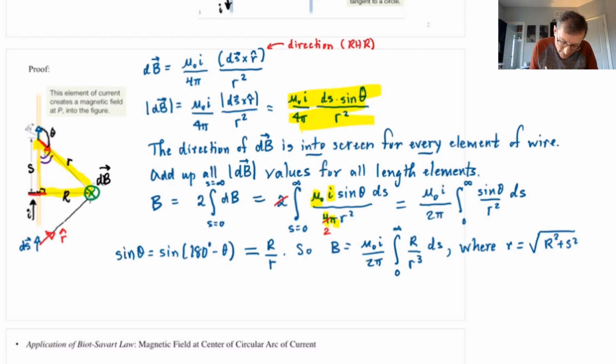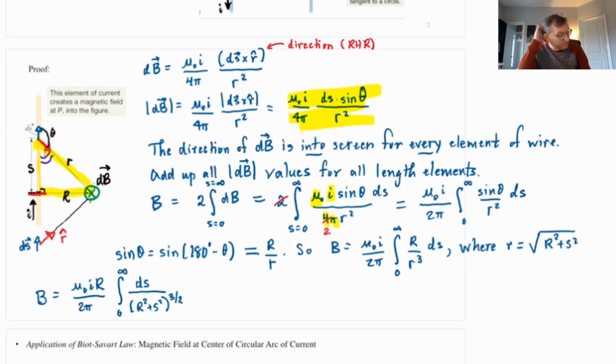So with that, I can write B equals mu 0 I over 2 pi. I can bring that big R that's upstairs out front. Then I have the integral of ds over little r cubed. So that would be big R squared plus s squared to the 3 halves. And the limits would be from 0 to infinity.